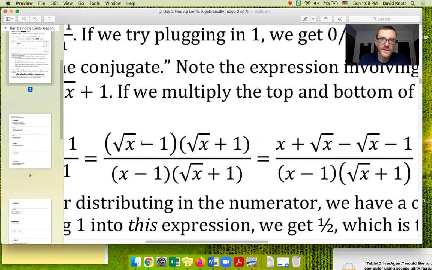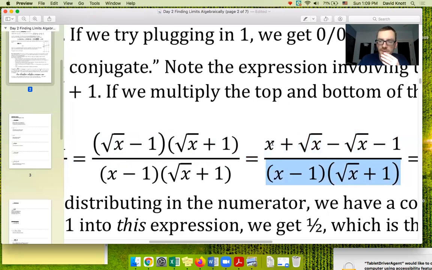And then finally, negative 1 times positive 1 is negative 1. So I've multiplied everything out, I've FOILed. Notice that I've multiplied everything out in the numerator, but I didn't multiply anything out in the denominator. I just left it in factored form. We're going to see why I did that in just a moment.